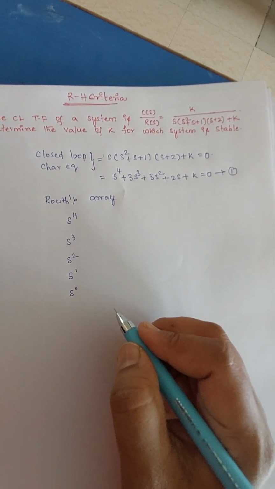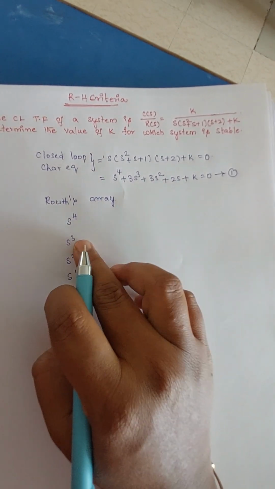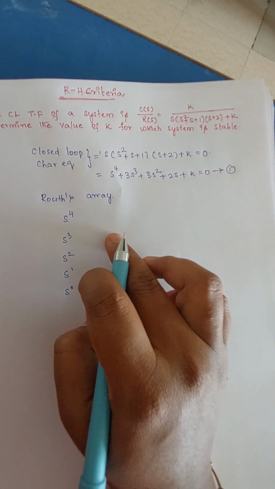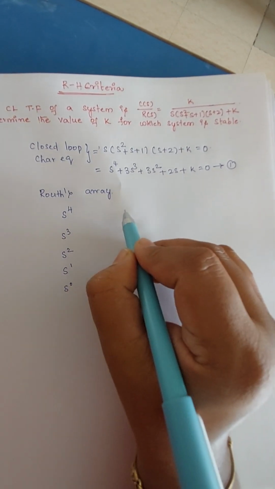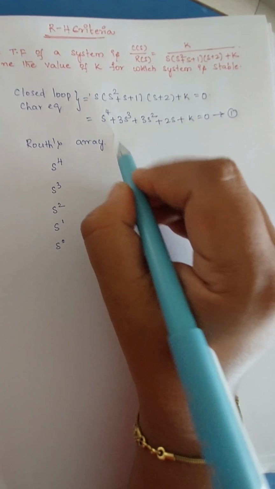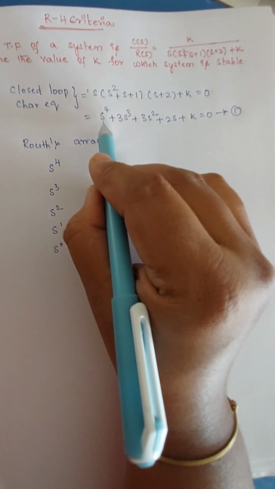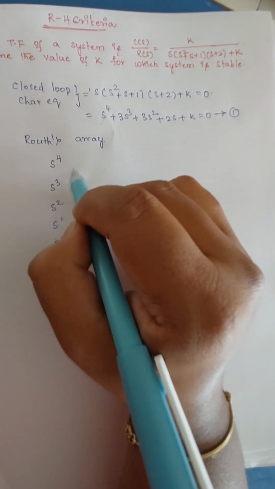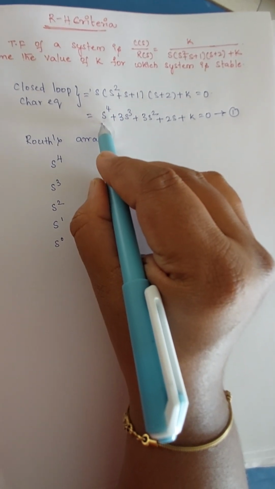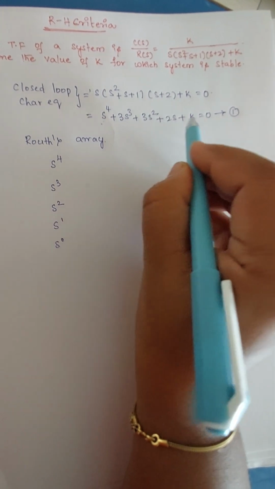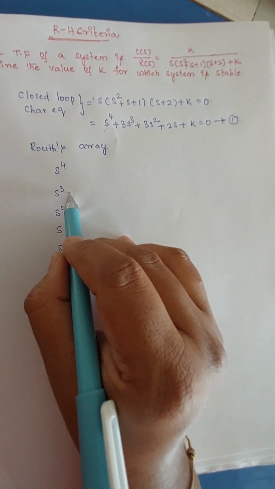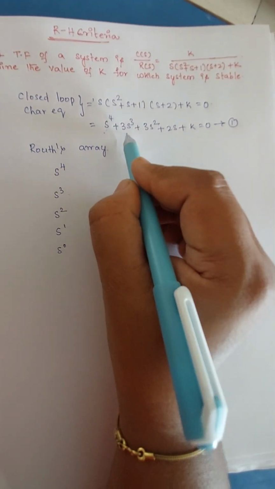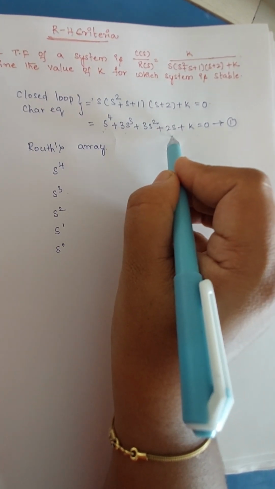Now we need to write the terms for the first row and the second row. The first row starts from the first element with all the alternate coefficients, and for the s³ row, starting from the second element, all the alternate coefficients.